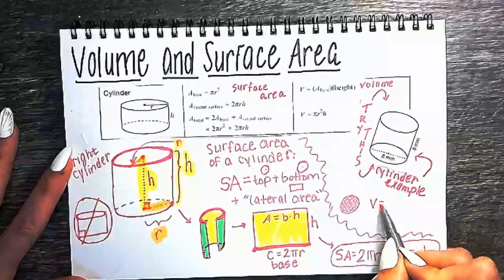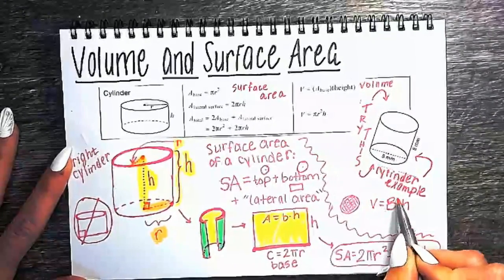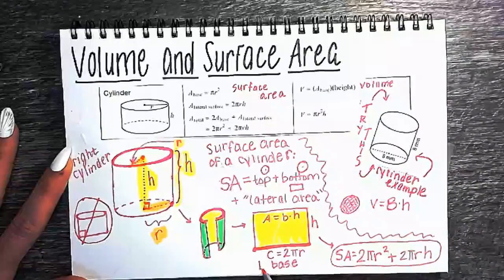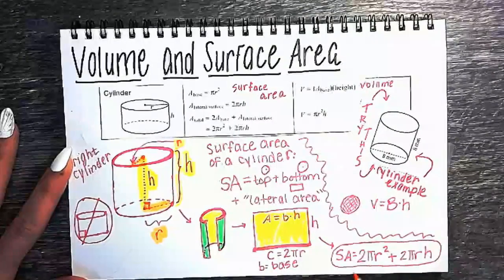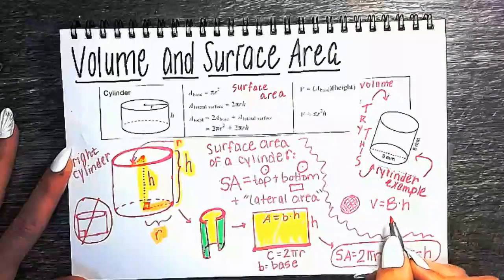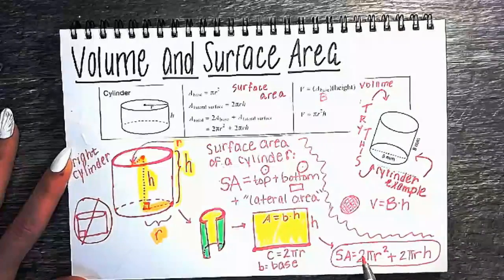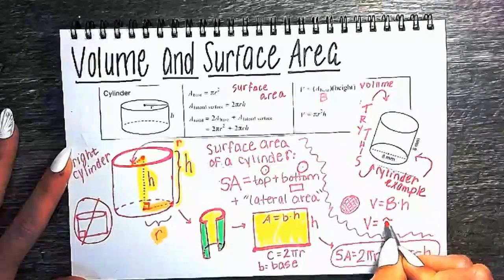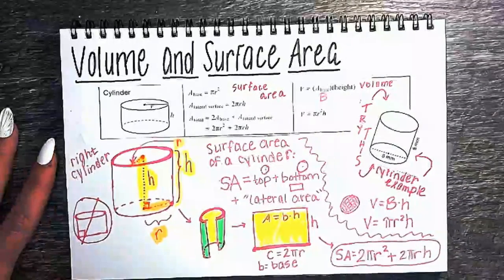So while the generic formula is area of the base times height, which is often represented with a capital B. Lowercase b is used for base, as in base times height of a two-dimensional shape. Capital B will normally represent the area of a base. Got it? Area of base, capital B. Specifically for this problem, that base is a circle and the area of that is pi r squared. So volume is pi r squared h.